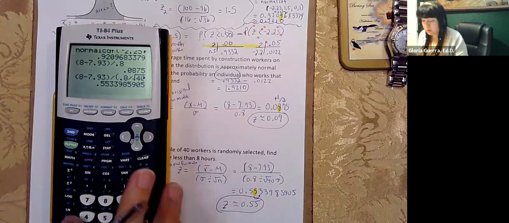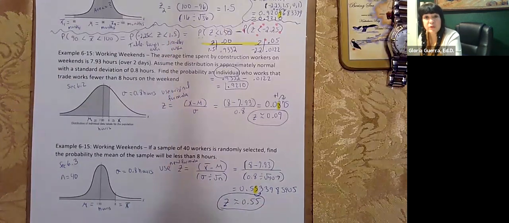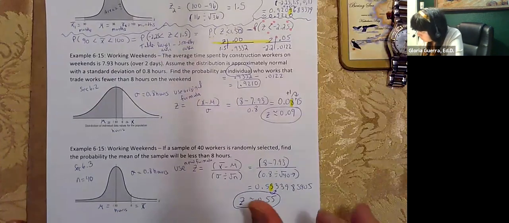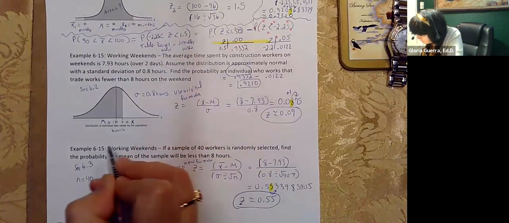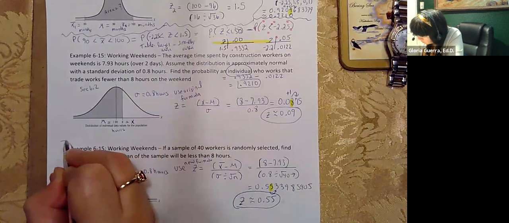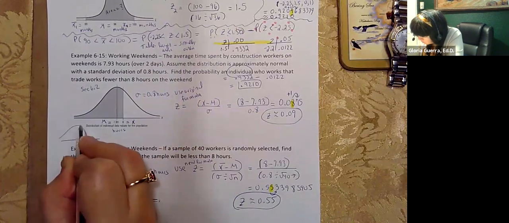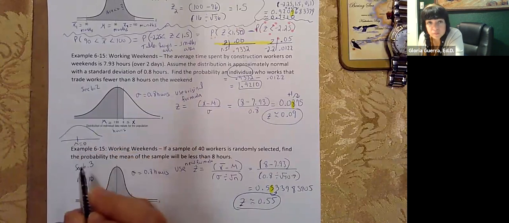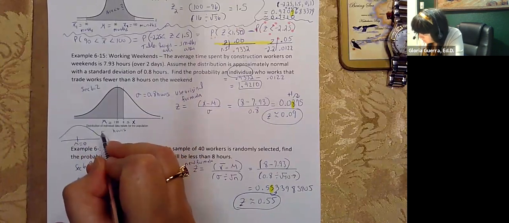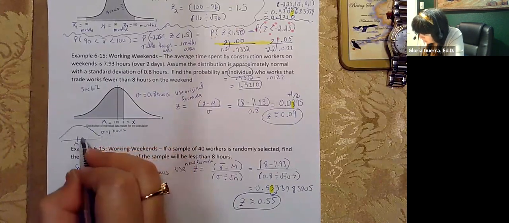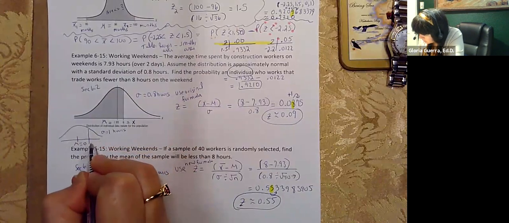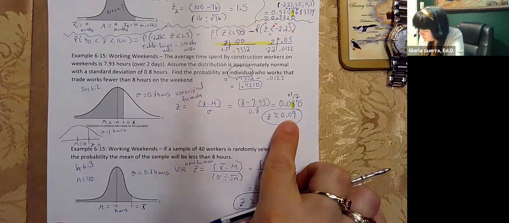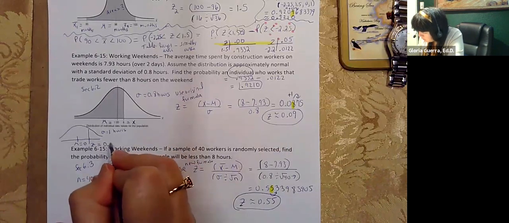Okay. Now you have your new pictures. So remember mu is 0, and remember sigma is 1, and now this is a z, which here is 0.09.